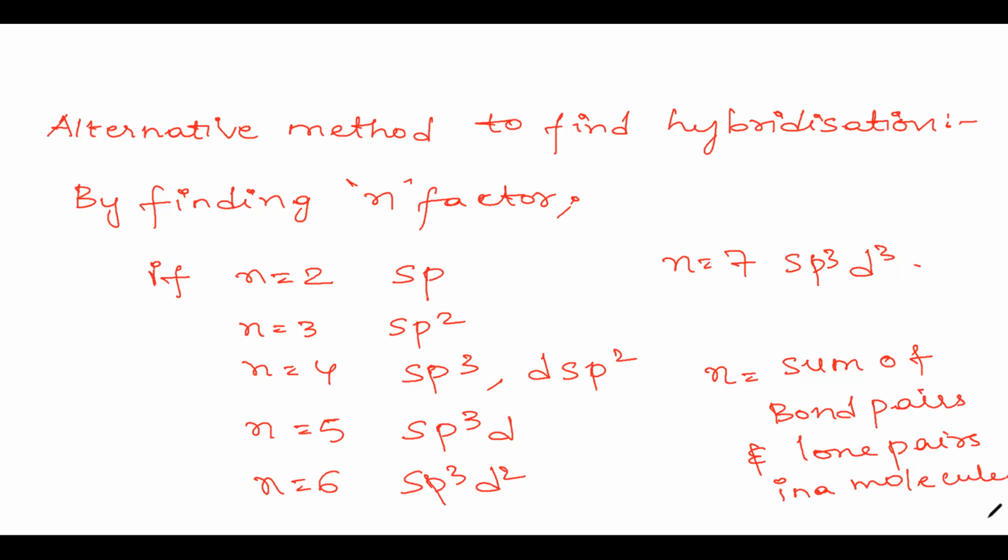Let us take an example now: sulfur dioxide. How to calculate the hybridization of sulfur dioxide? Sulfur has how many valence electrons? 6 valence electrons.